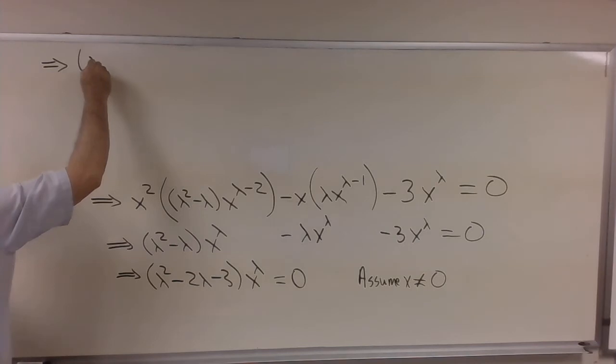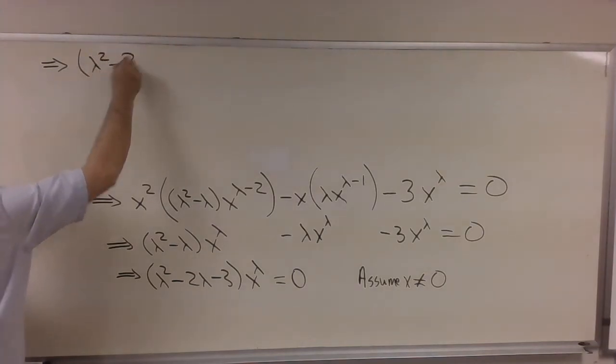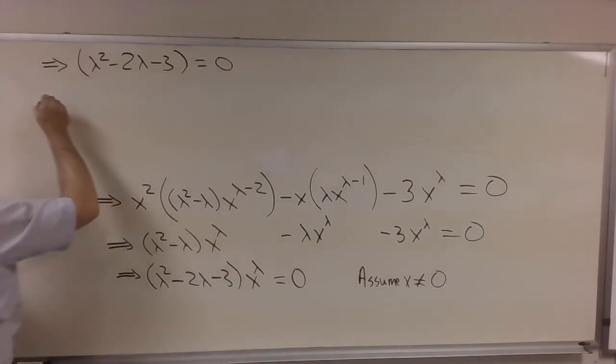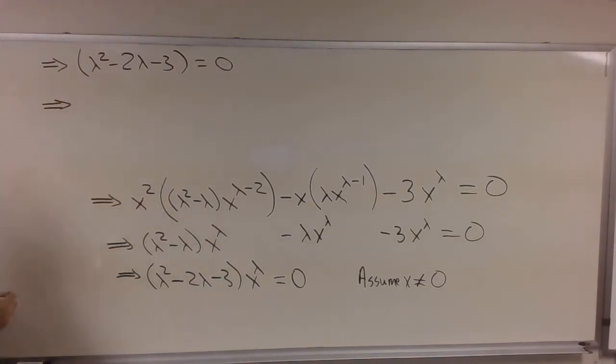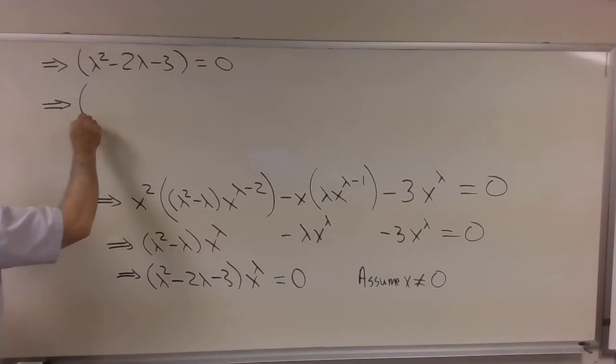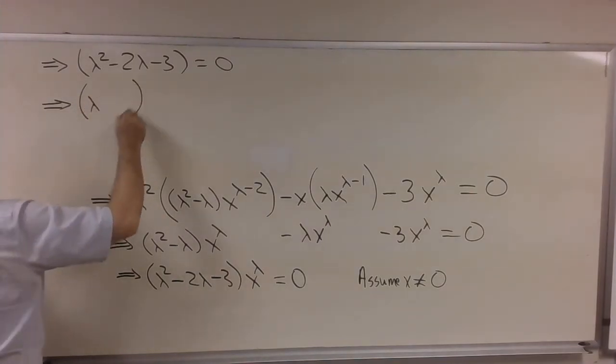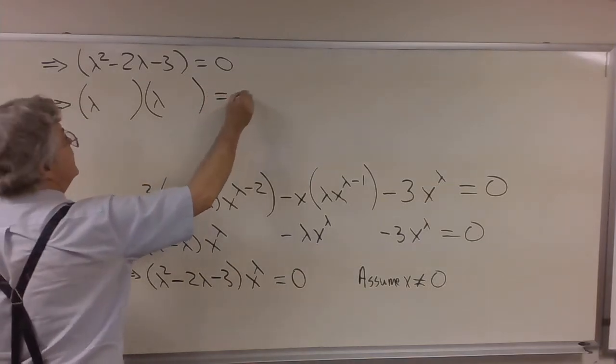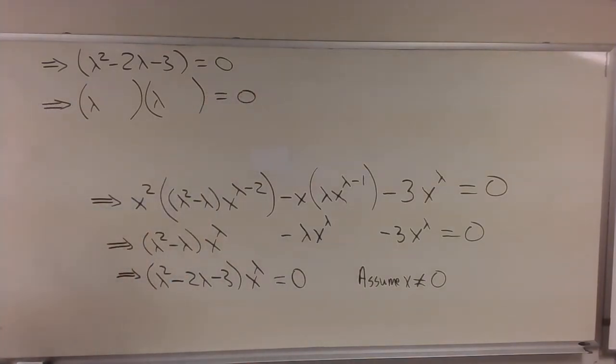And we just get lambda squared minus 2 lambda minus 3 equals 0. And that's lambda plus or minus something, and lambda plus or minus something equals 0.